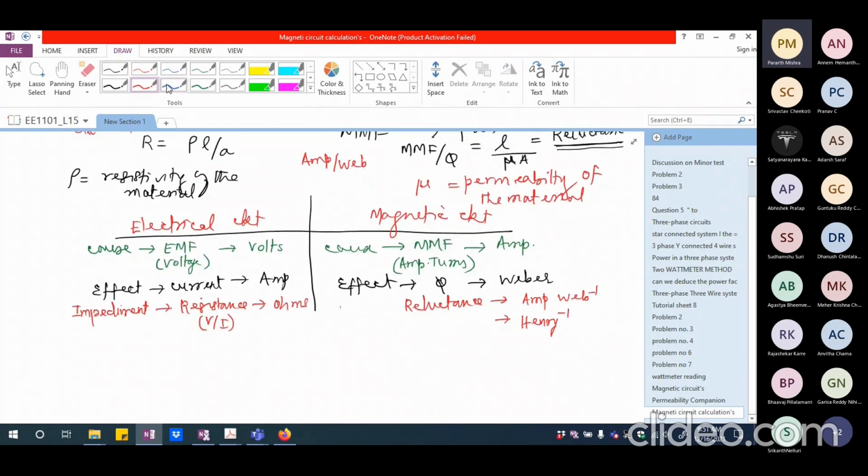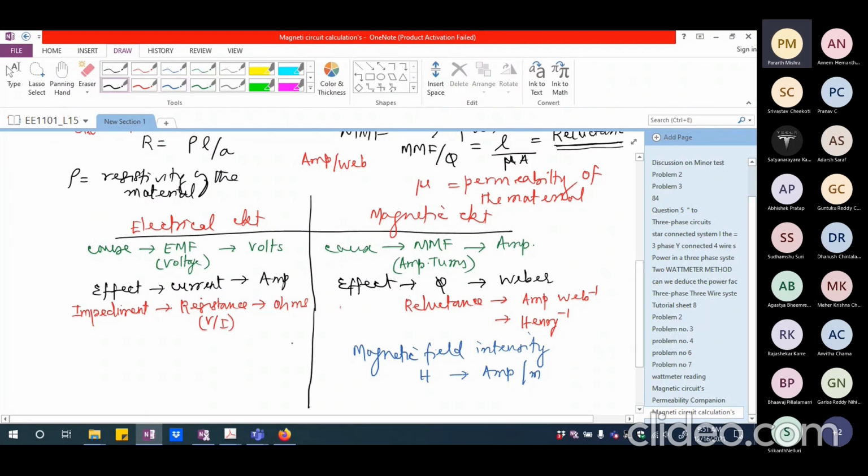Now, as far as magnetic field intensity is concerned, here where we say H, which is ampere per meter length of the magnetic circuit, there is no equivalent quantity here in terms of an electric circuit.